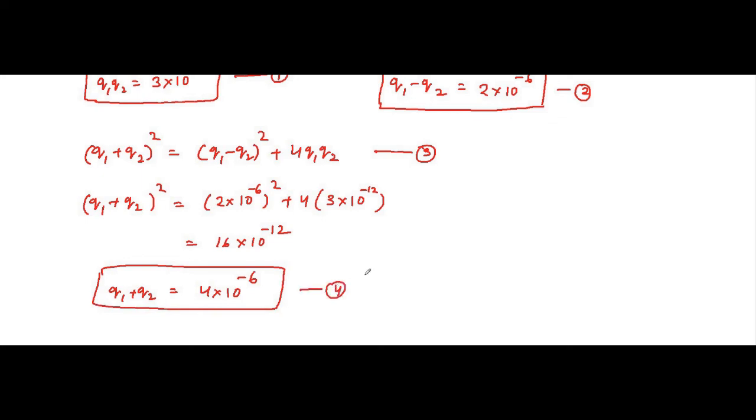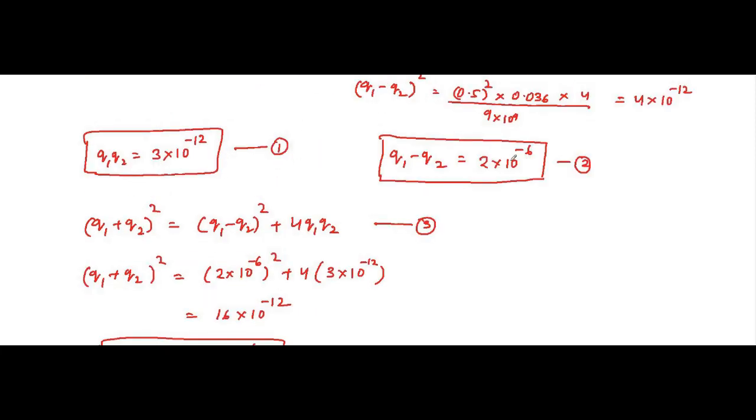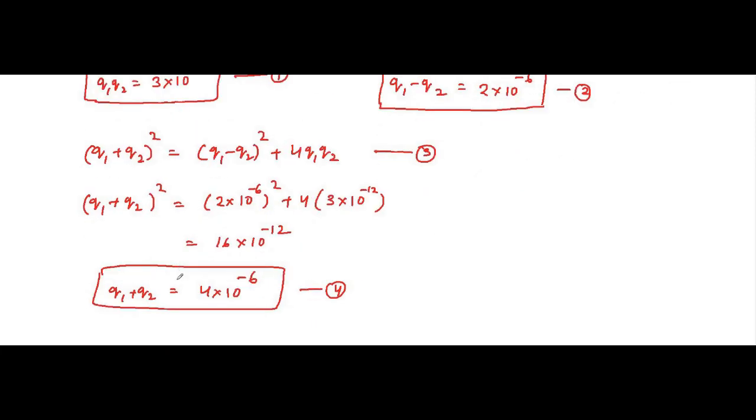If we notice equation 2 and equation 4, Q1 minus Q2 is 2 into 10 to the power minus 6, and Q1 plus Q2 is 4 into 10 to the power minus 6. By adding equations 2 and 4, we get 2Q1 equal to 6 into 10 to the power minus 6.